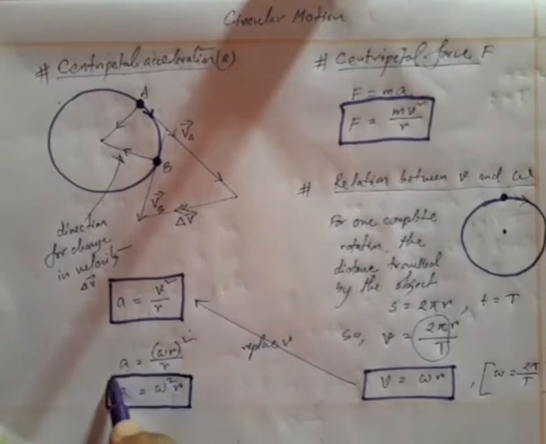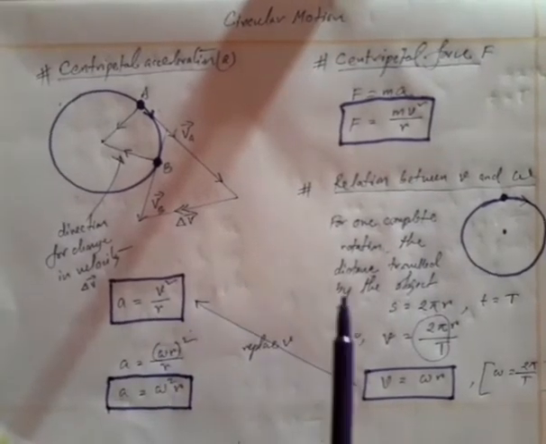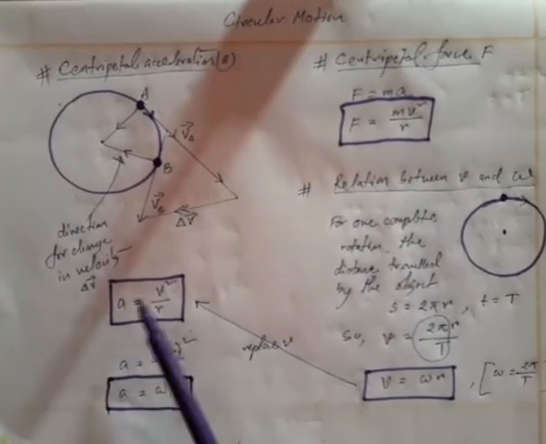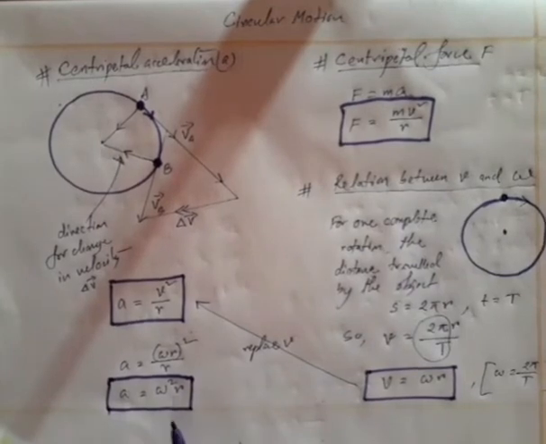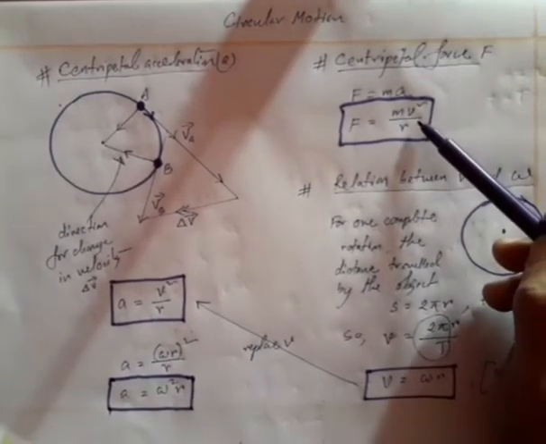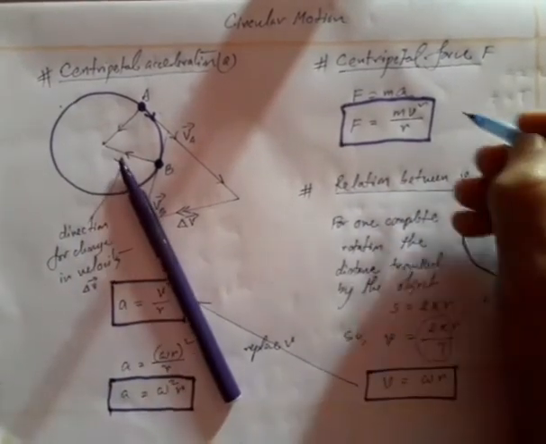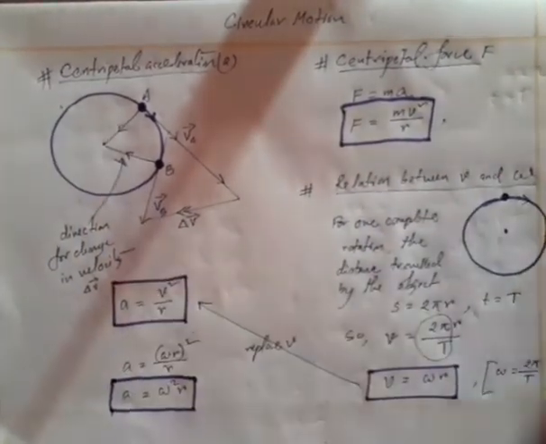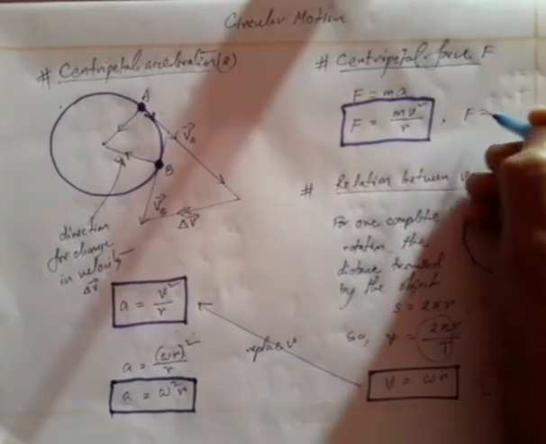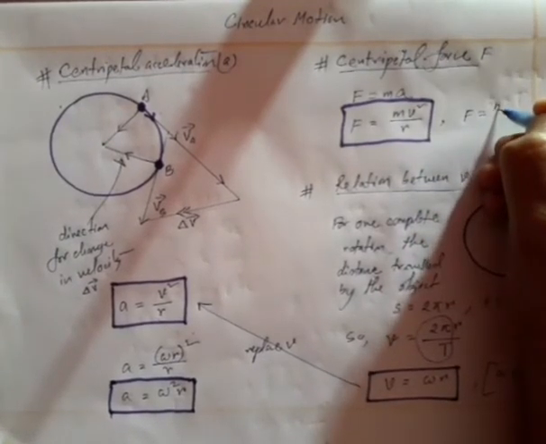This formula will be needed when you are given the value of angular velocity to calculate centripetal acceleration, and the previous formula is used when you are given the linear velocity. Similarly, centripetal force also can be rewritten.